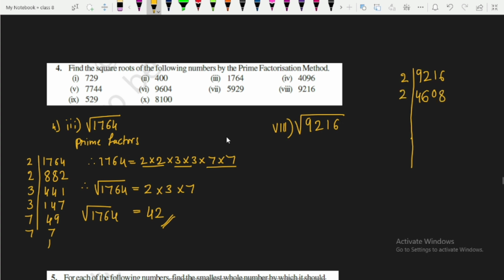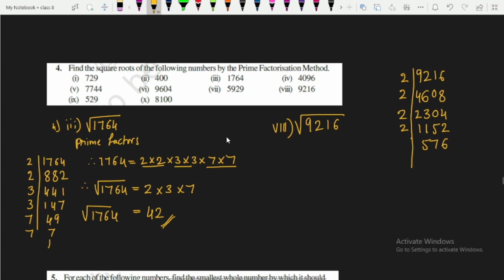Next 2 twos are 4, 2 threes are 6, 2 fours are 8, then 2 ones are 2, and so on.